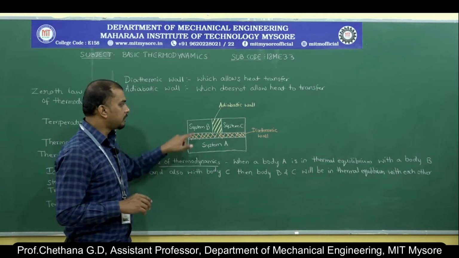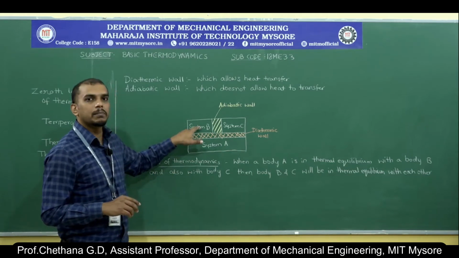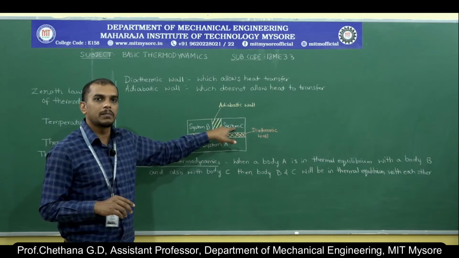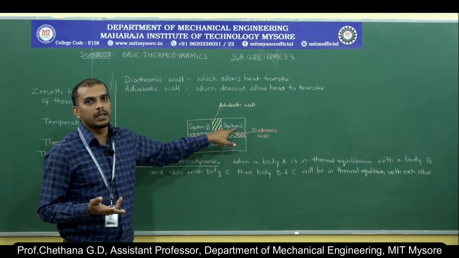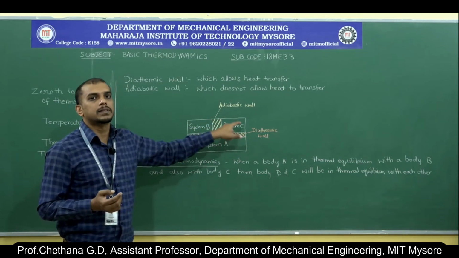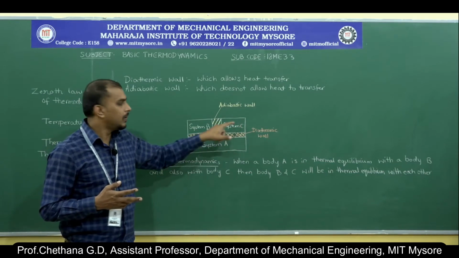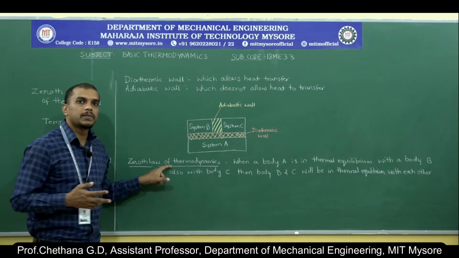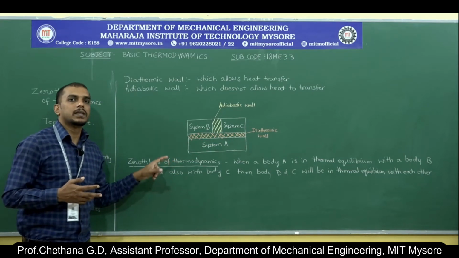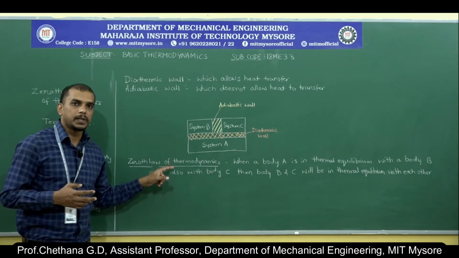For example, if you are saying system B and system C are in thermal equilibrium, in other words you are saying they are at the same temperature. So, remember, the zeroth law of thermodynamics gives us the concept of temperature.